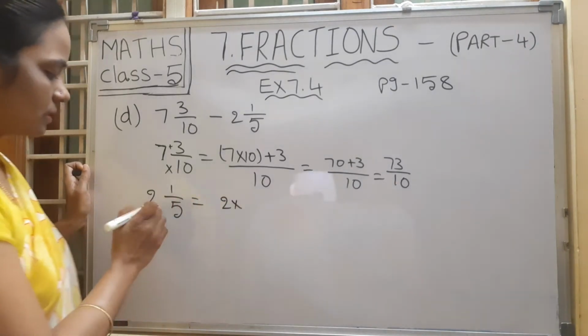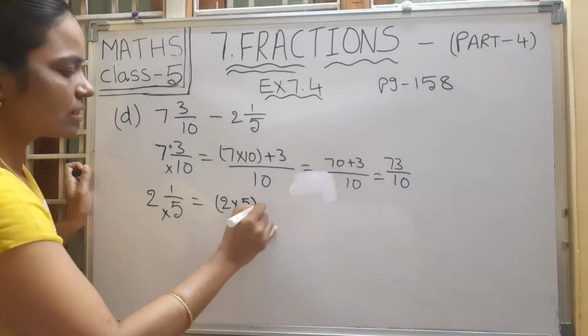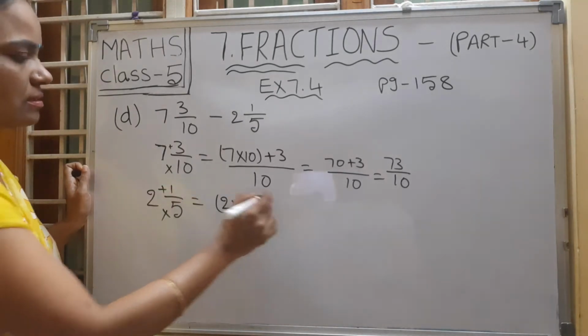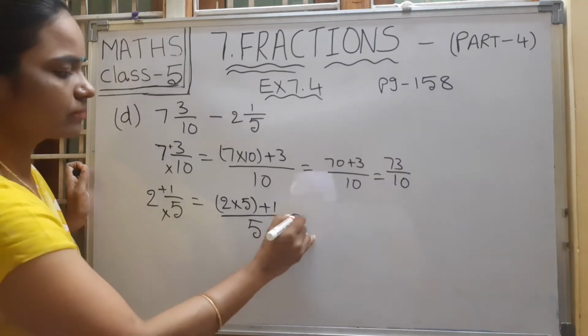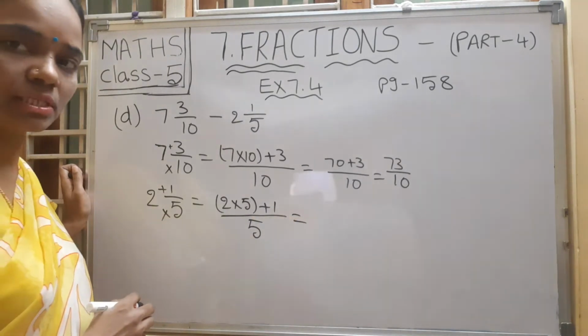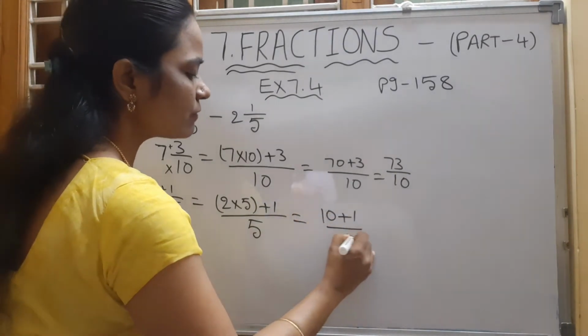Yes, here take multiplication 2 into 5 plus 1. So denominator is 5. 2 5s are how much, children? Yes, 10 plus 1 by 5.